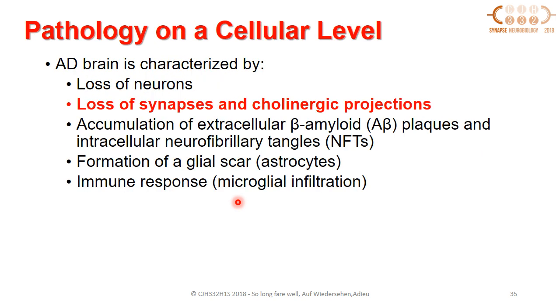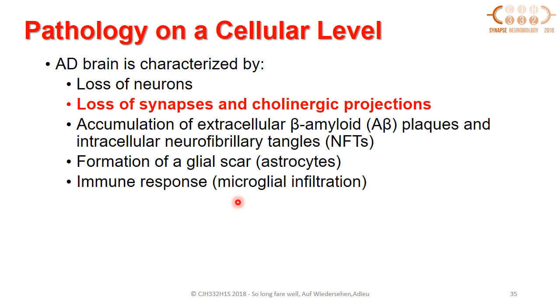So again, we're looking at these loss of synapses, especially within these cholinergic projections. We are losing neurons through a number of processes, not just apoptosis, but there are other sorts of cell death pathways as well. We are seeing at the same time the accumulation of these beta amyloid plaques, which is not normally seen outside of the brain, outside of neurons.